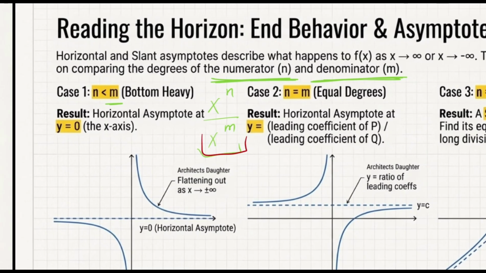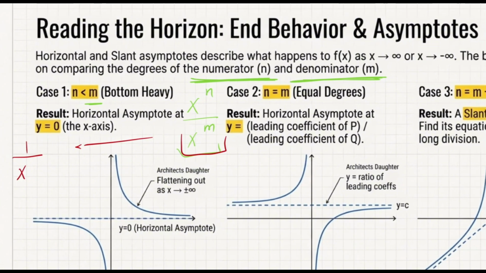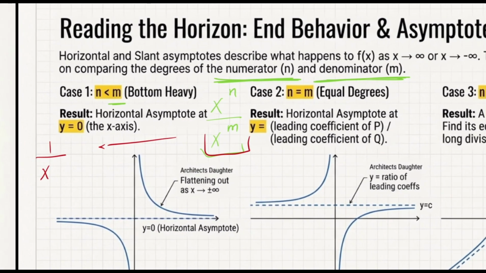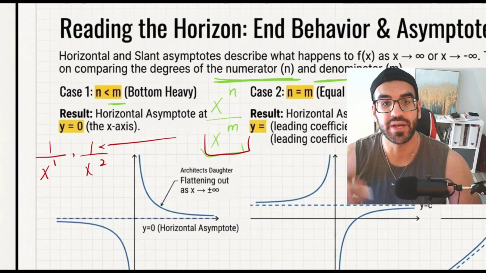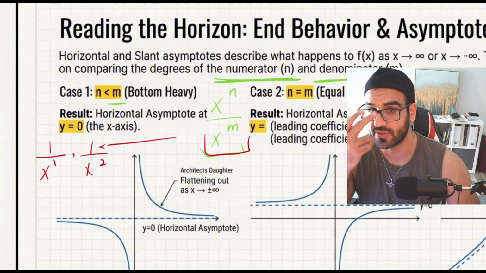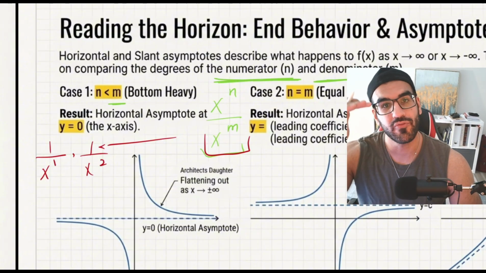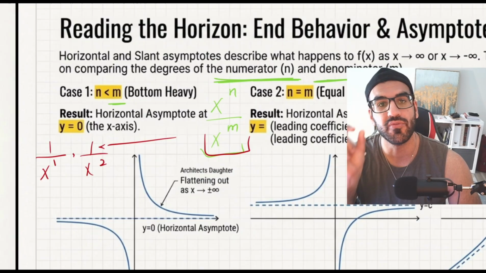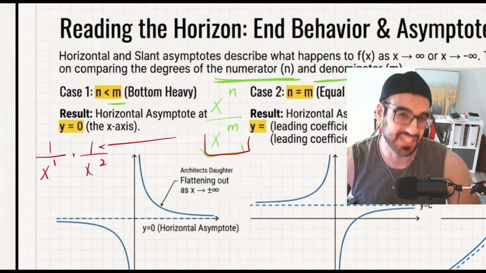It means that if I increase my x, for sure I'm going to reach a point where the bottom dominates. If you solve this, it would be something like x to the power 1, x to the power 2, and so on. It means that at the end of the day, by increasing the value of x, my whole fraction is going to decrease and reach a number that is going to be 0 itself.